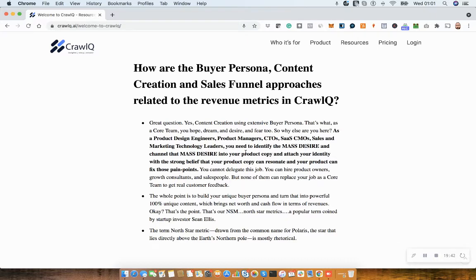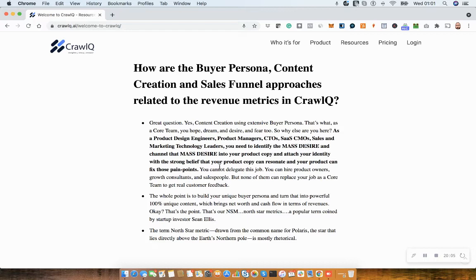You need to attach your identity to the strong belief that your product copy can resonate and your product can fix those pain points. So guys, you cannot delegate this job, right? You can hire product owners, growth consultants, salespeople, but none of them can replace your job as a core team to get real customer feedback.